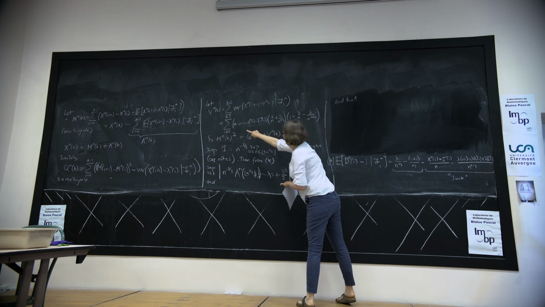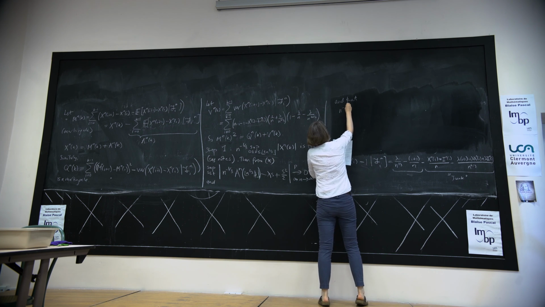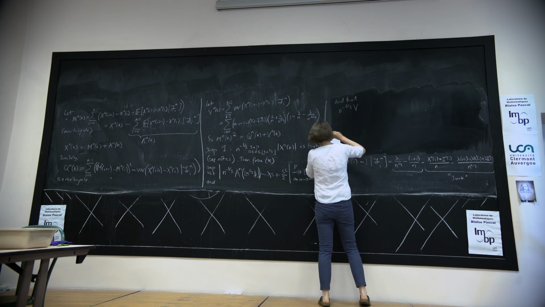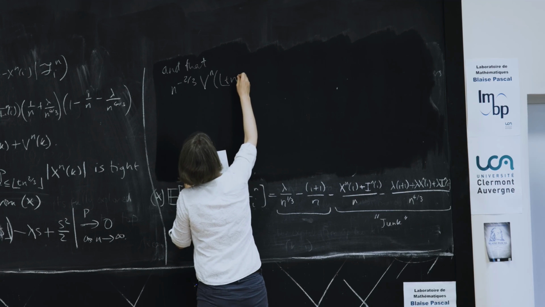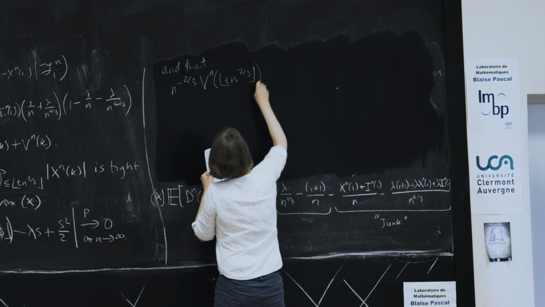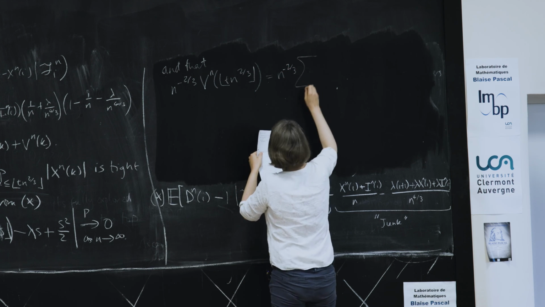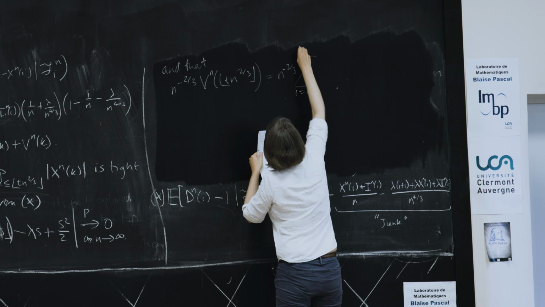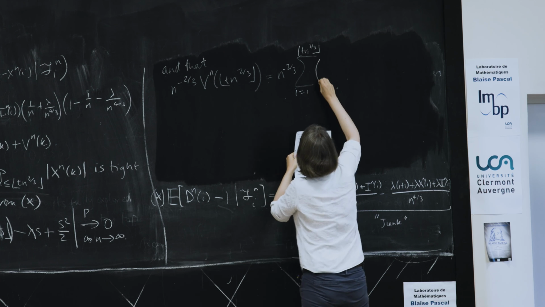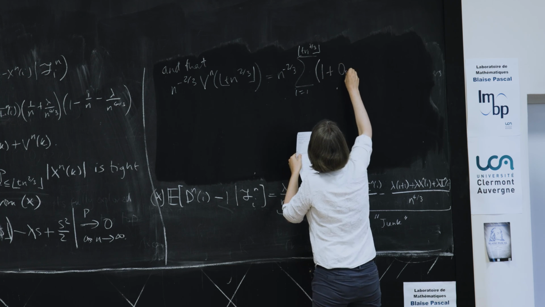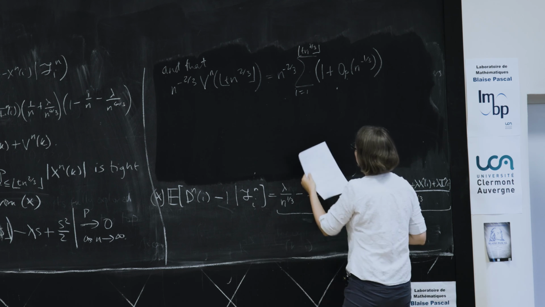So again, if I multiply this thing out and I'm a little bit careful with the error terms, what you end up with is that this process Vn in the correct time and space scaling is looking like n to the minus 2/3, a sum from i equals 1 to the floor of tn to the 2/3 of something which is 1 plus a thing which is O_P of n to the minus a third. Okay?